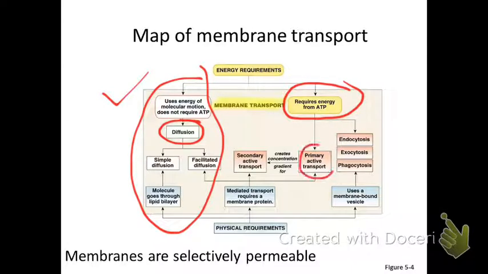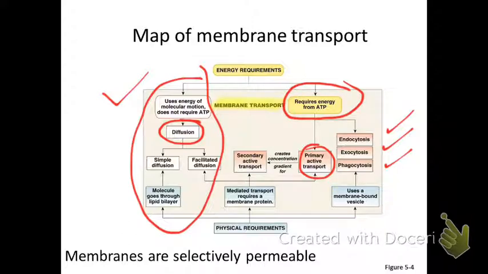Active transport, remember what happens in active transport is that you are actually creating a more concentrated environment. You're putting molecules from an area of lower concentration and you are sequestering them or putting them into an area of higher concentration. To do that requires energy. So endocytosis, phagocytosis, all of those processes require energy, and that's the big thing I want you to see here.